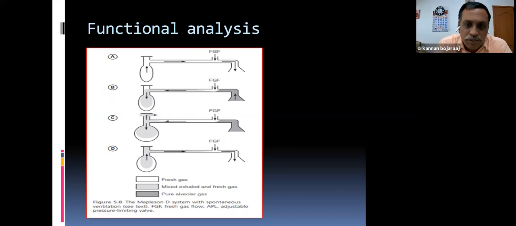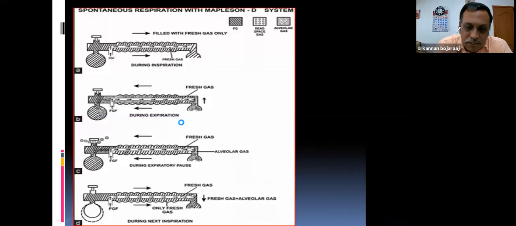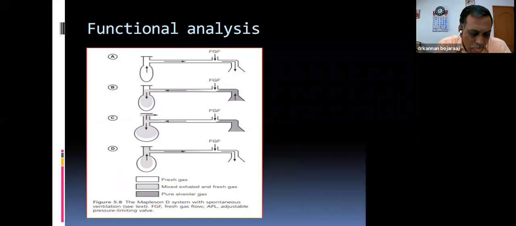During expiratory pause, next figure, what happens at this point, provided the time of expiratory pause, the fresh gas flow is continuously flowing here, and will push the mixed alveolar gases and the dead space gas here.